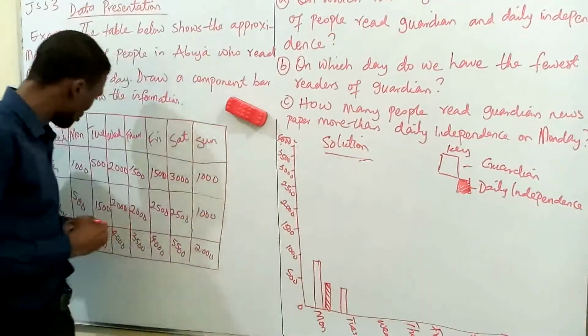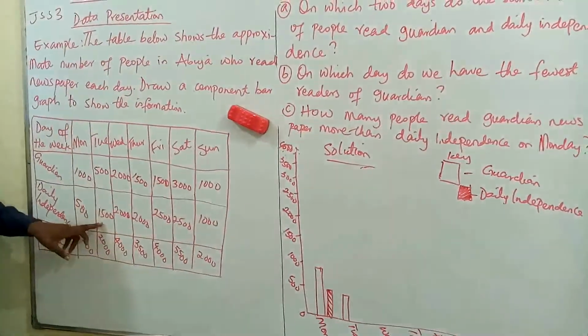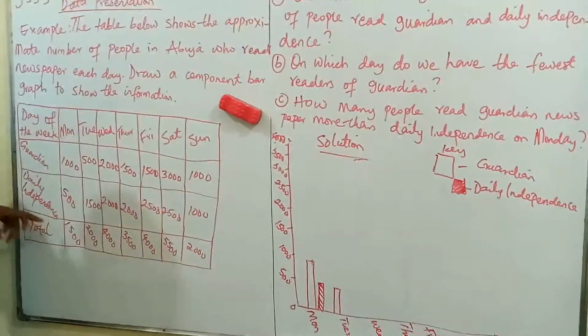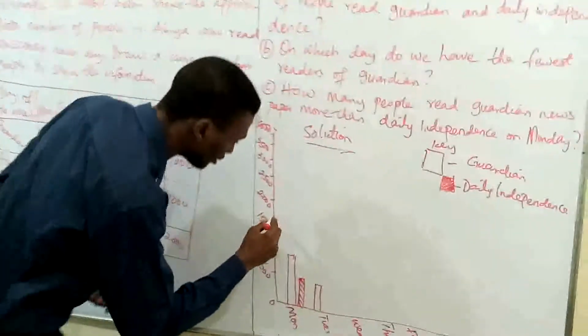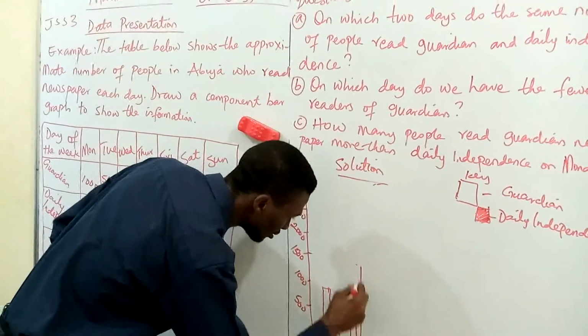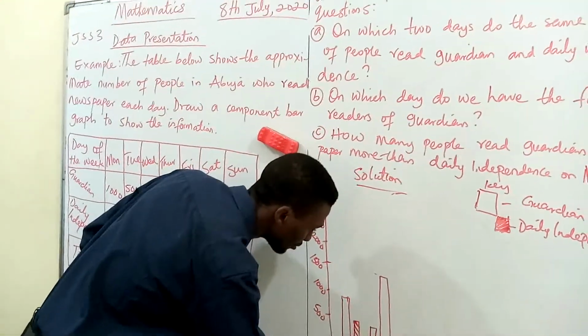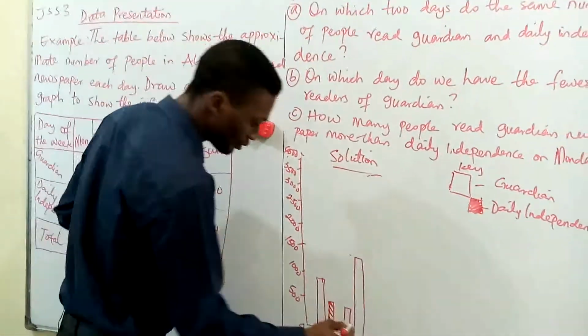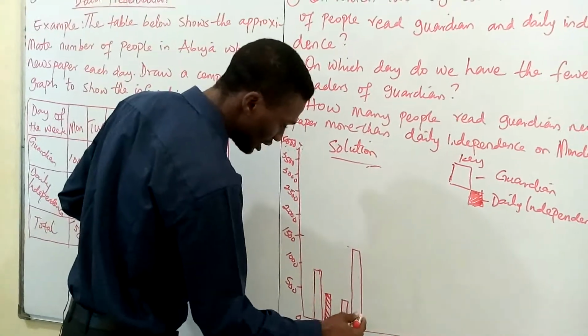And how many for the Daily Independent on Tuesday? 1,500 readers. So we have 1,500, shaded of course for Daily Independent.